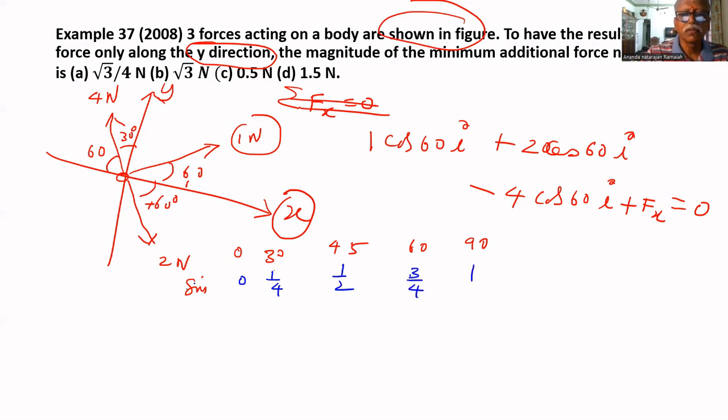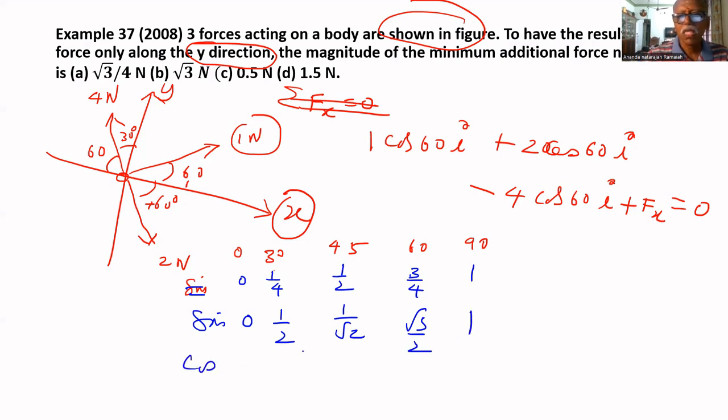If you take the square root of this, you will get the sine: sine 0 is 0, sine 30 is 1 by 2, sine 45 equal to 1 by root 2, sine 60 equal to root 3 by 2, and 1.